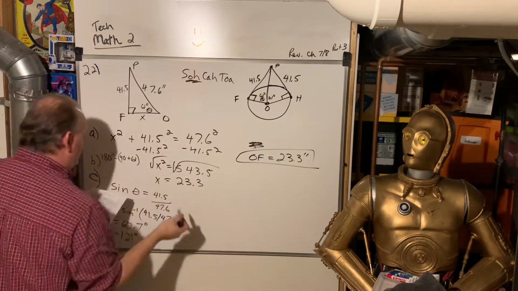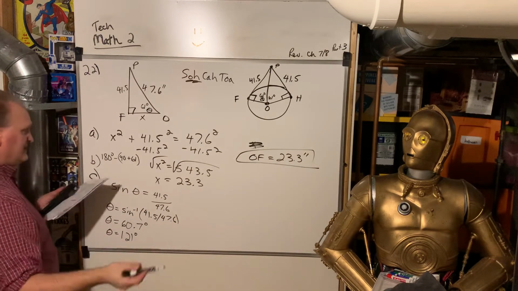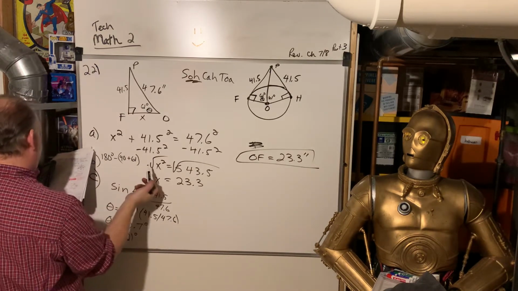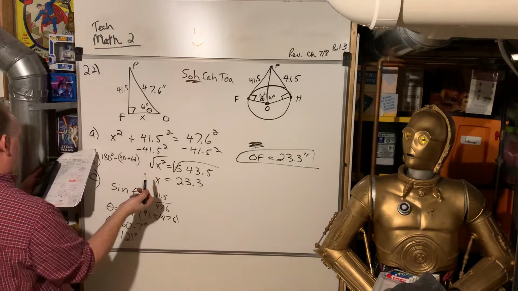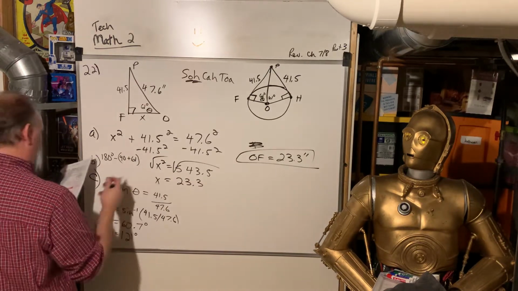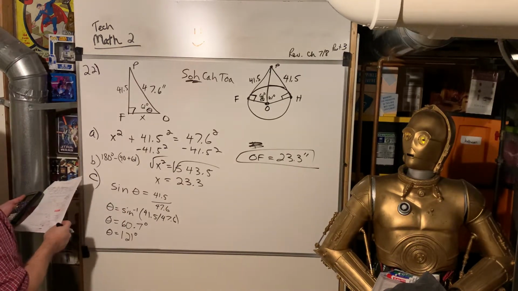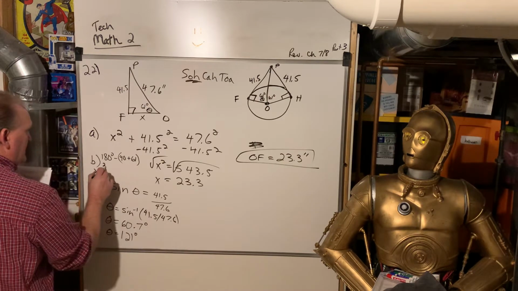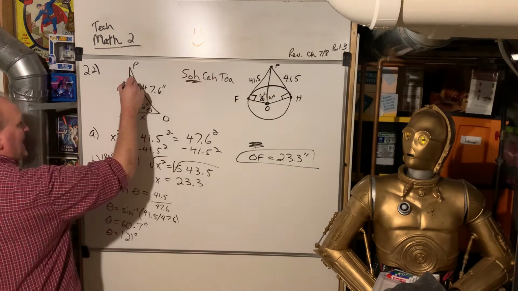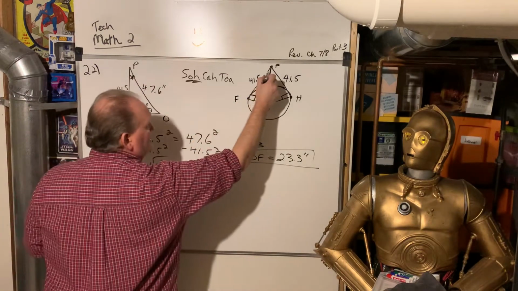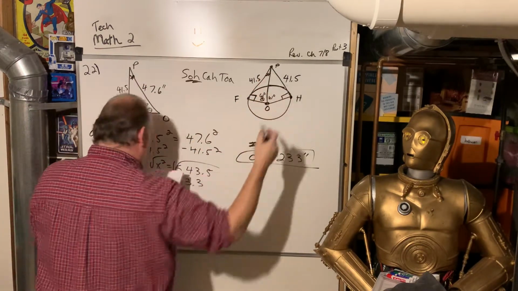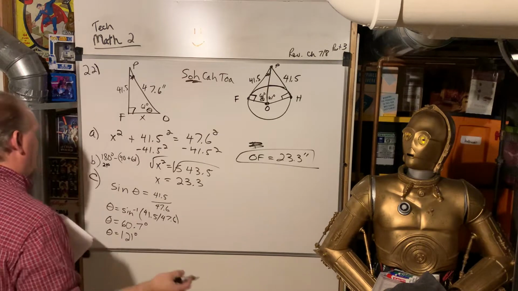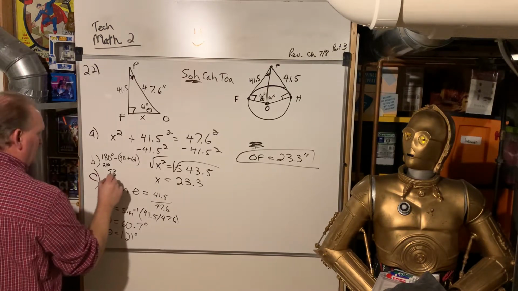And so that is 29 degrees. But that's just this half of it, so you double that, and that's where the 58 or 59 comes from.